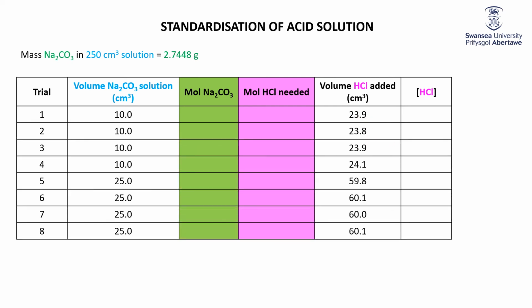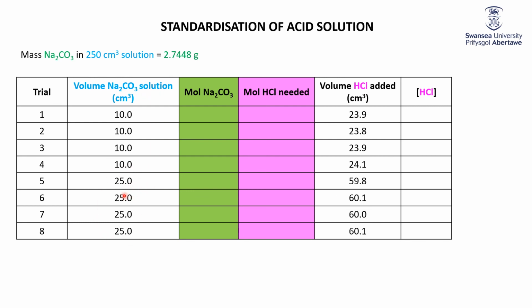I did the experiment several more times. For trials 2, 3 and 4, I used 10 cubic centimeters of the sodium carbonate solution, and you can see that the amounts of HCl I needed were all very similar, so the data are concordant, to use the A-level word that I really don't like. But for trials 5 through 8, I thought, let's use a little bit more of the sodium carbonate solution.